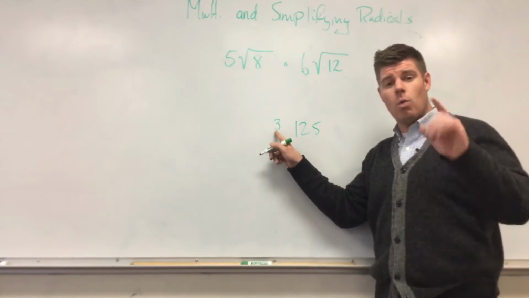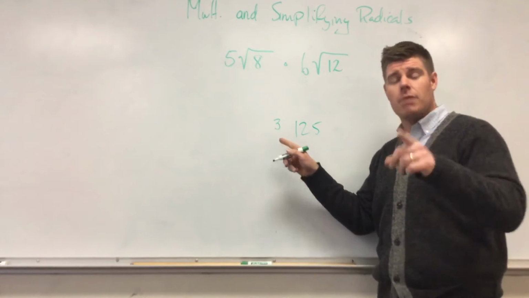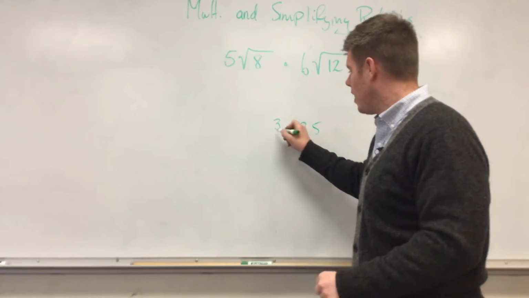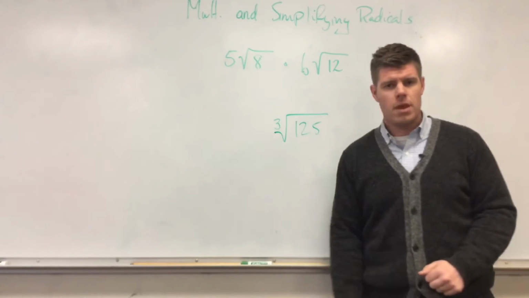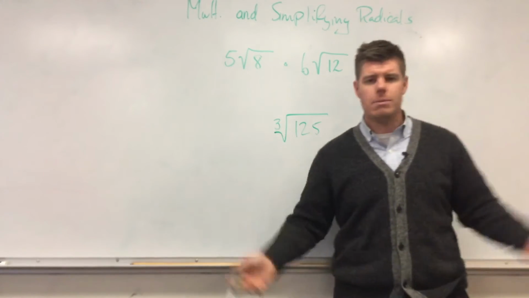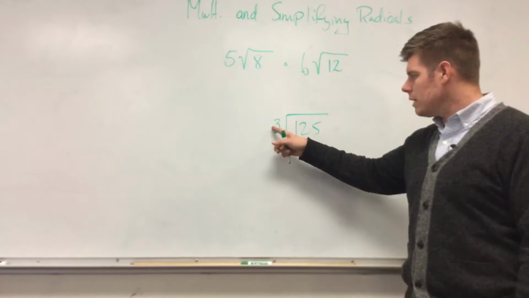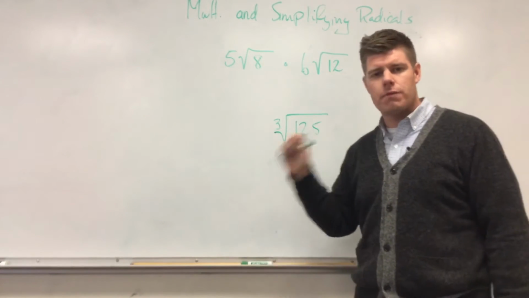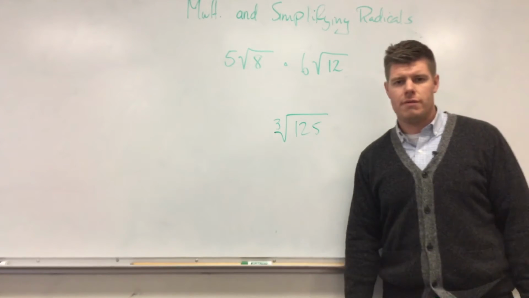That 3 is telling me what number multiplied by itself 3 times, because it is placed with a radical. If it is not placed with a radical, it means nothing. So this 3 on the radical is asking what number multiplied by itself 3 times makes 125.